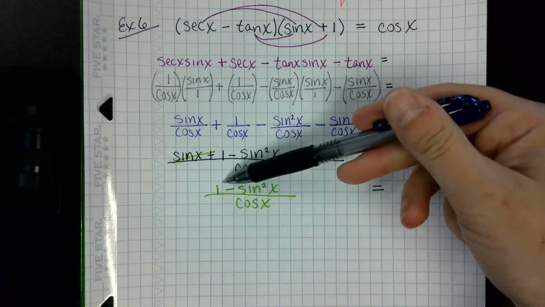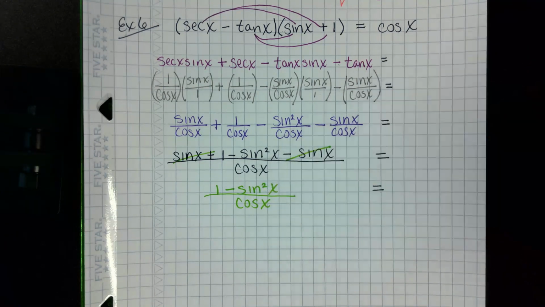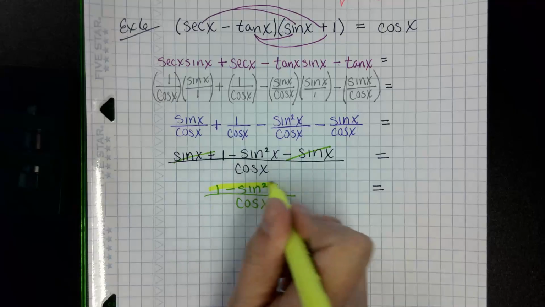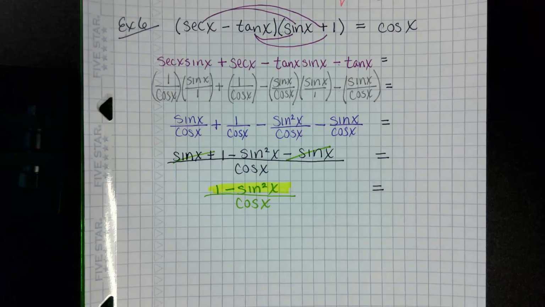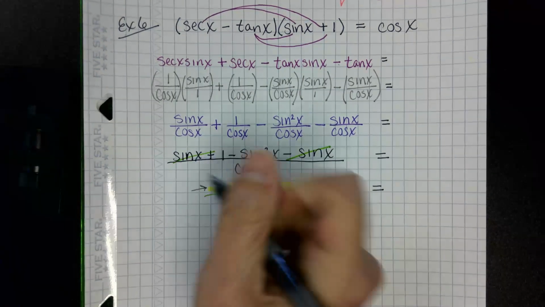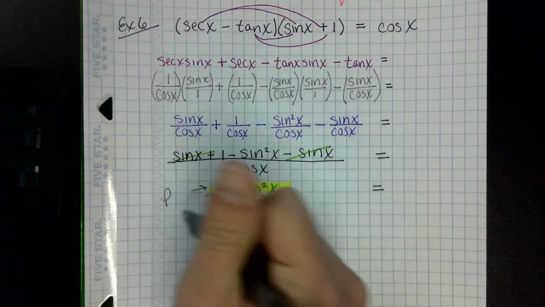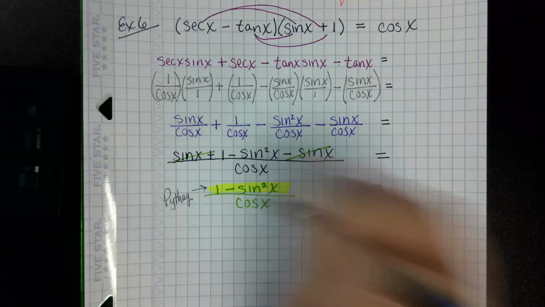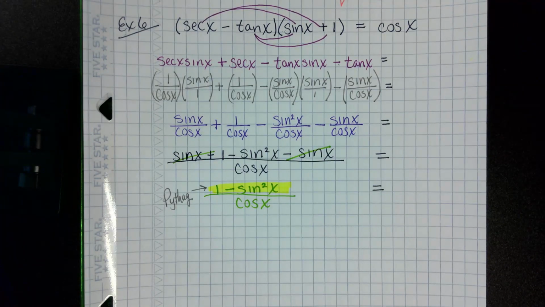We have a 1 plus or minus a sine squared x. That looks a lot like Pythagorean, doesn't it? Because it's a 1 plus or minus a function squared. I'm not writing this one out because we've been writing it out a lot. And it's just the sine cosine one. But I am making a note that it's the Pythagorean identity.